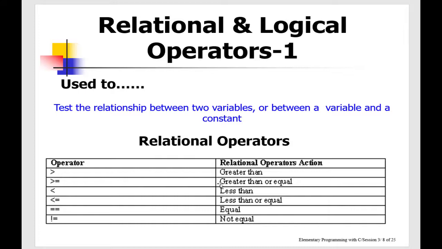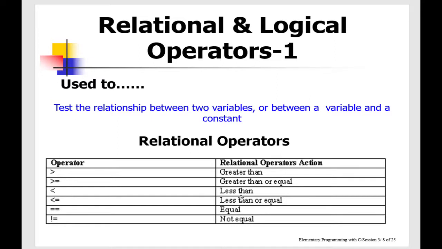This one simply tests whether one value is greater than the other one. And something before I forget, once we compare or test the relationship between the two variables or constants, the result is always true or false. We call that a Boolean in programming.